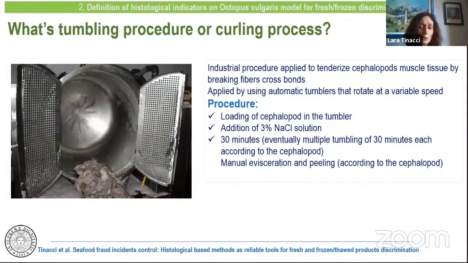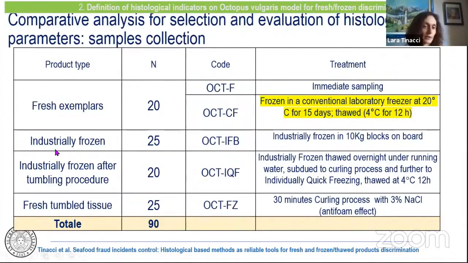The procedure includes the addition of a 3% sodium chloride solution and a 30-minute washing after the manual evisceration and peeling of the tissue. This tumbling procedure is applied both to the fresh tissue and the frozen, thawed, and refrozen tissue. That's why you can find the industrially frozen tumbled and the fresh tumbled tissue.